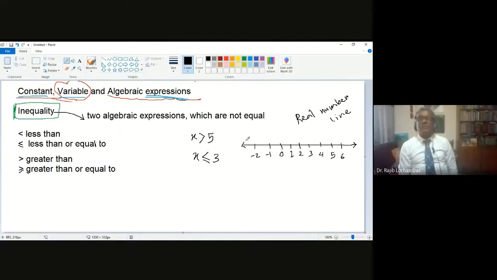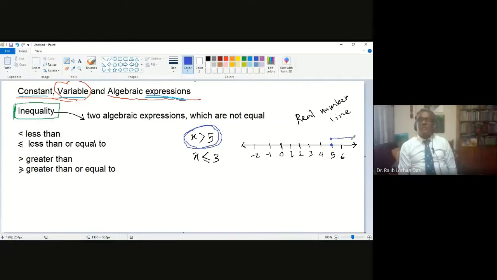So unlimited line. So if we think that x is more than 5, that means we try to understand where is 5. This is the position for 5. So we put a circle or dot, this is 5. And from that position, you go to the right side.